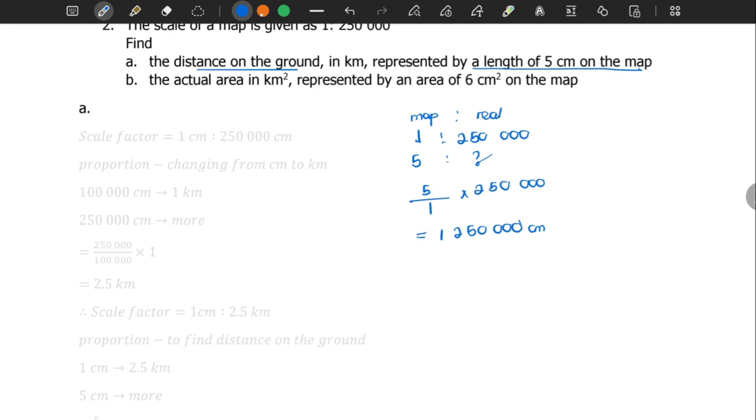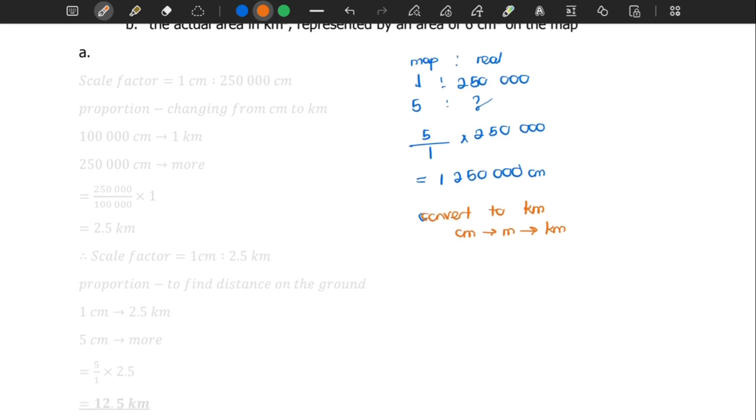Centimeters. But we were asked to give the answer in kilometers. So again, convert to kilometers. So it's centimeters to meters and then to kilometers. Unless you know directly what 1 centimeter represents in kilometers, it might be easier to do it step by step.